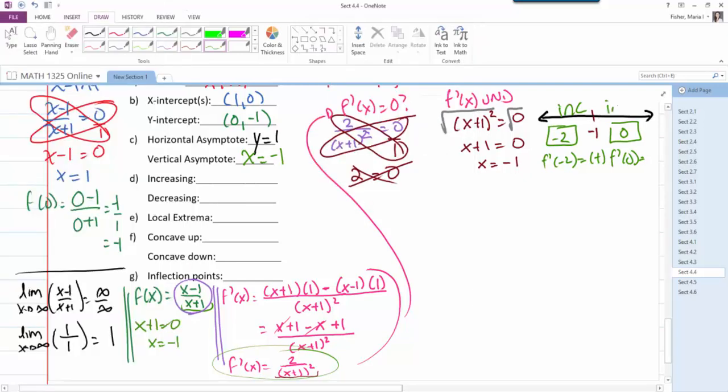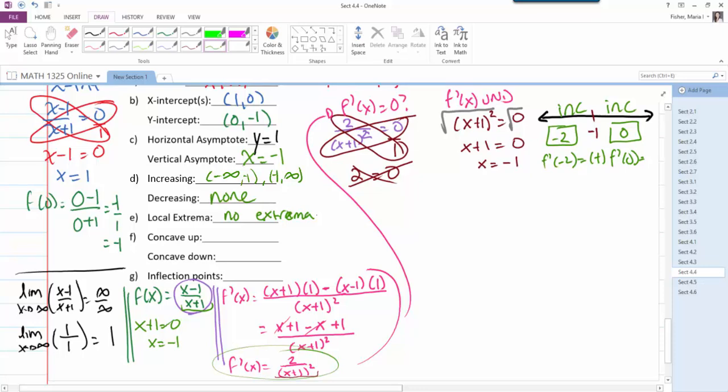So in this interval, I am increasing. So I'm increasing from negative infinity to negative 1, and from negative 1 to positive infinity. Where am I decreasing? Well, I'm not decreasing anywhere, so this would be none. And since I don't change from increasing to decreasing, we know that this would say no extrema, or none.